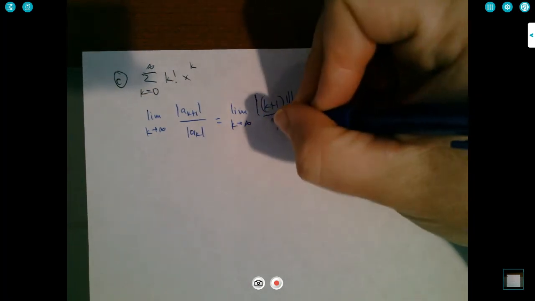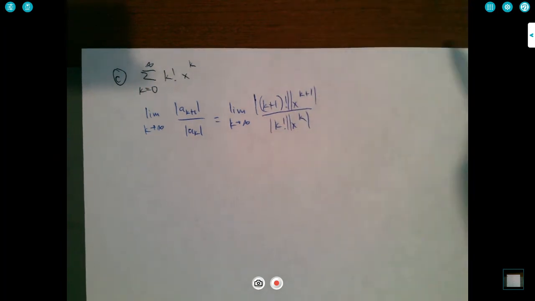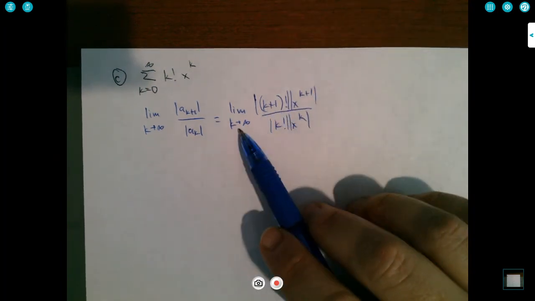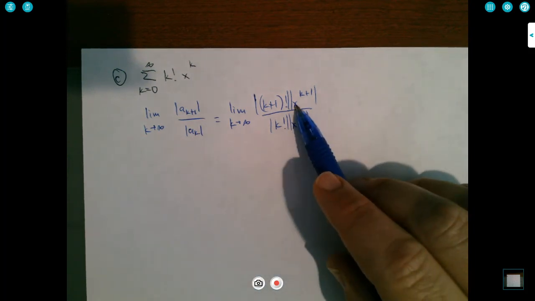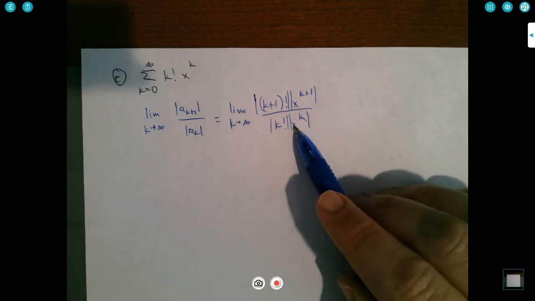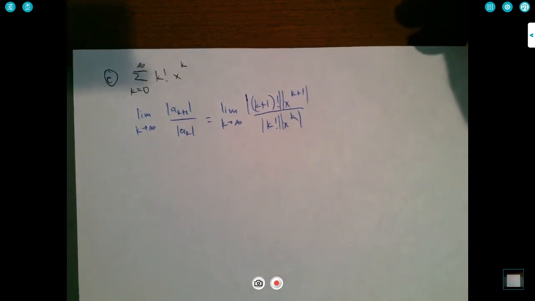These factorials, if k is going to infinity, are positive numbers. The only thing we don't know about is the x's, because x could be positive or negative. So we still have to have absolute values there.